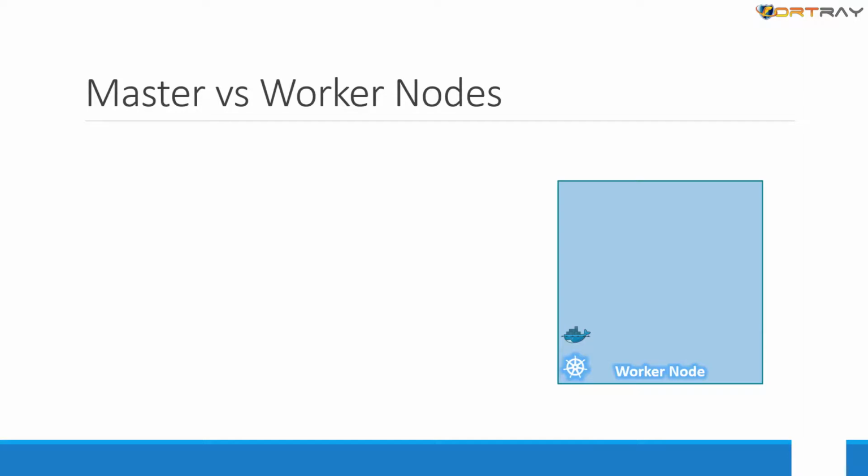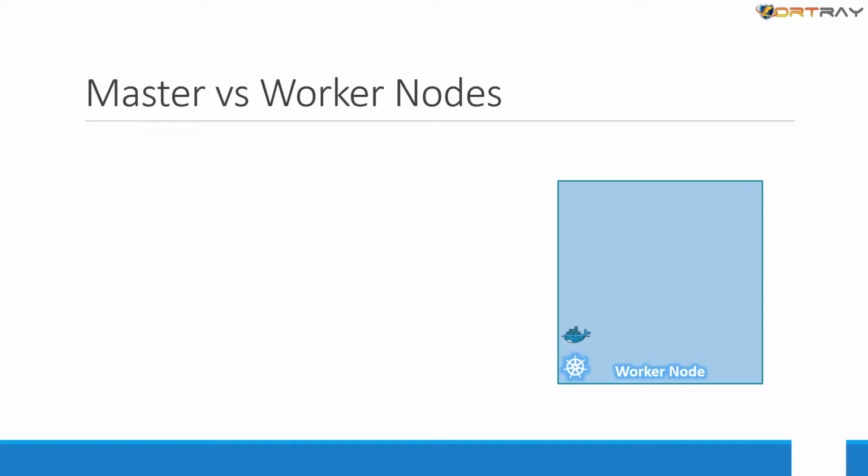So far, we saw two types of servers, master and worker, and a set of components that make up Kubernetes. But how are these components distributed across different types of servers? In other words, how does one server become a master and the other the slave? The worker node, or minion as it is also known, is where the containers are hosted. For example, Docker containers.